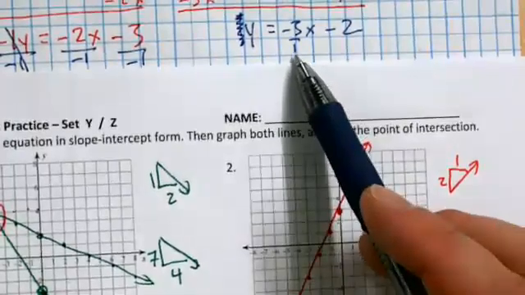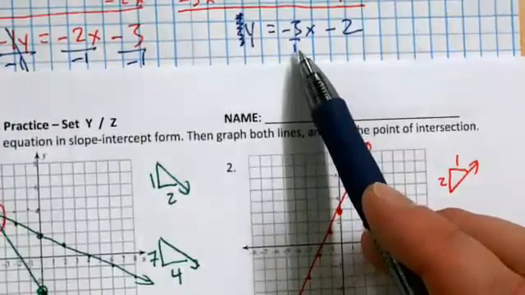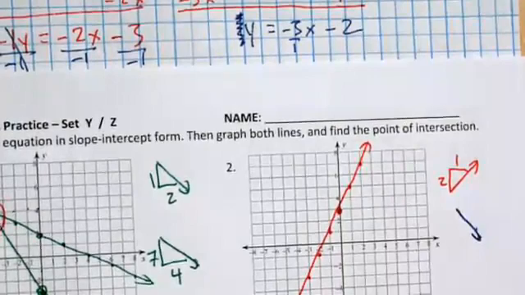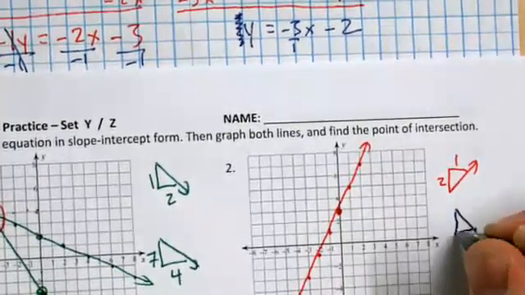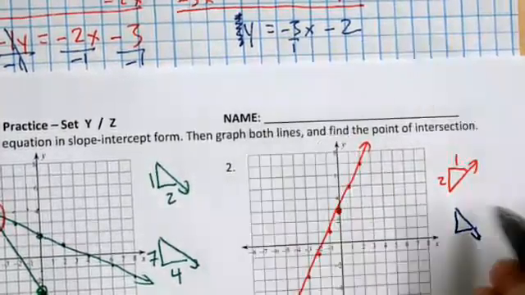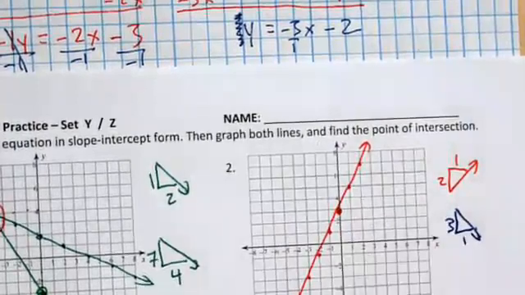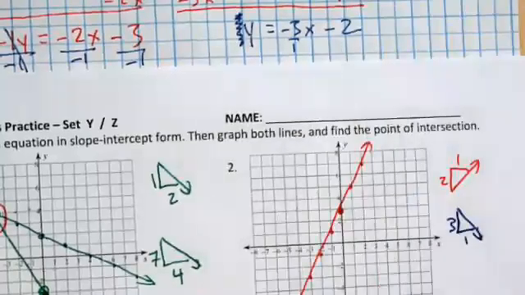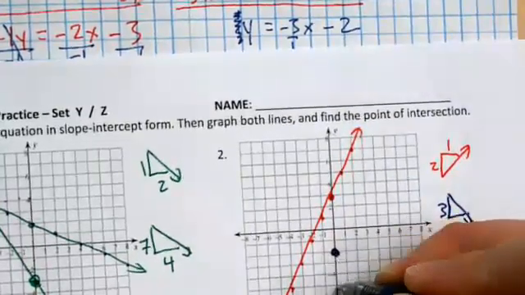The second equation has a negative slope. So we want it to be going downhill from left to right. Our slope triangle would look like this. Our rise over 1 is 3/1 this time. So down 3 and over 1. We've got a different y-intercept. This one's starting at negative 2 on the y-axis. So that'll be my first point. And this time I'm counting down 3/1.